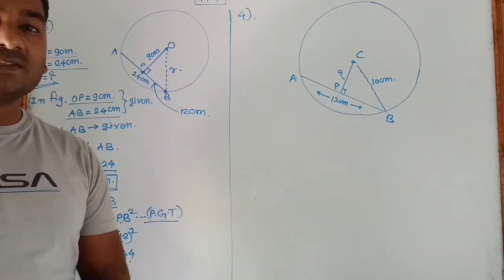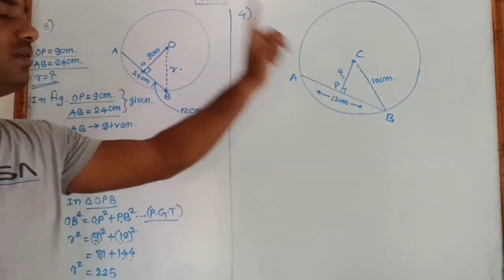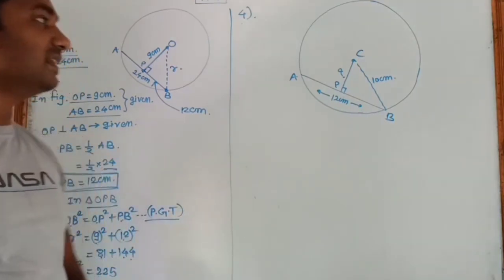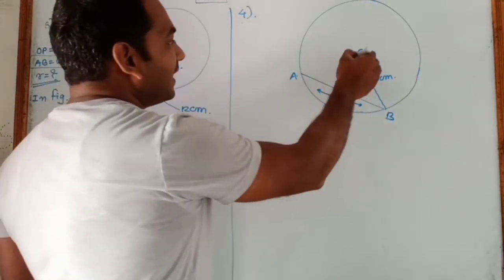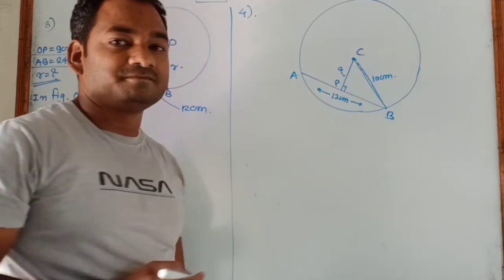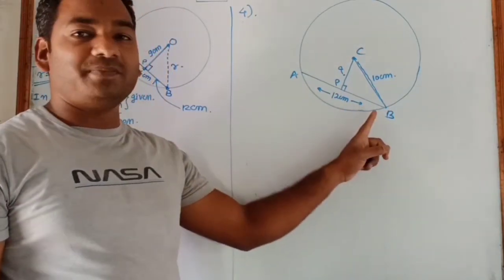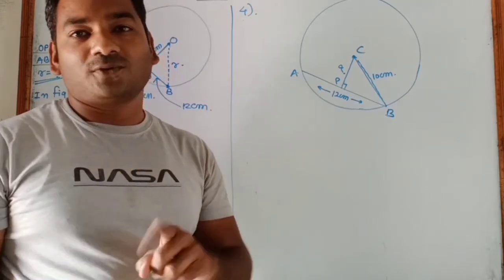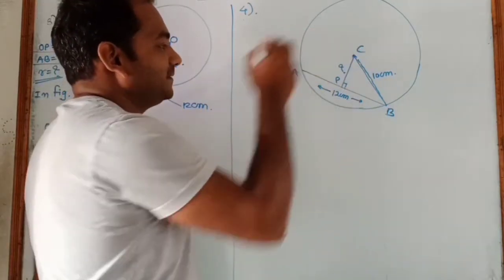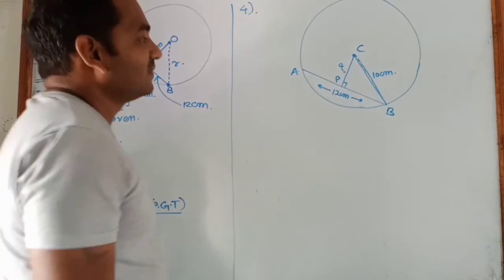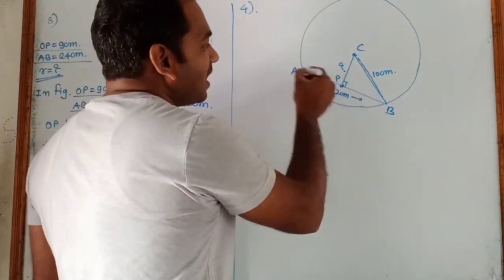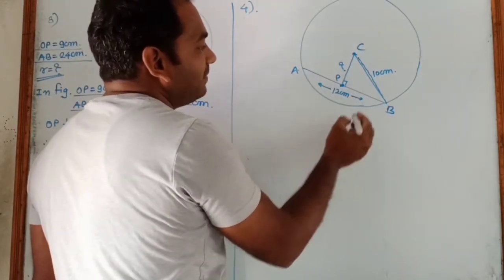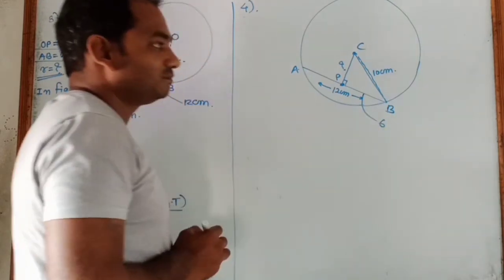So very easy question. Similarly, we have question number 4. See in the question, we are given the radius of circle, that is CD, as 10 and the length of chord AB, that is 12. And we have to find the distance of chord from the center, that means CP. So how can we find this? See here, PB is half of AB, that means it is 6.